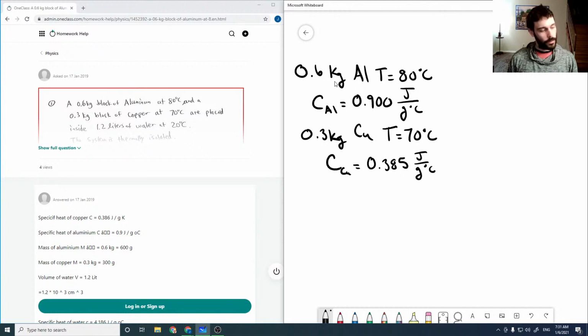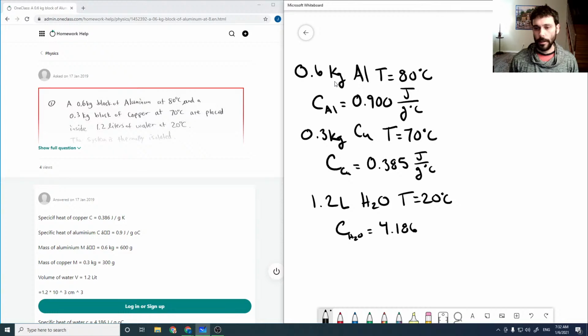And both of these are being placed in 1.2 liters of water at a temperature of 20 degrees Celsius. The heat capacity for water is 4.186 joules per gram degrees Celsius.